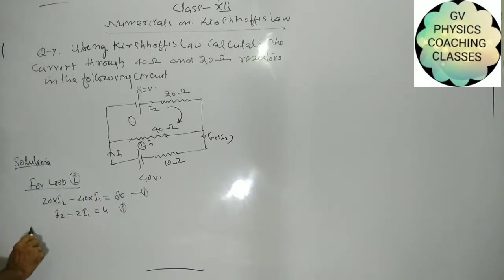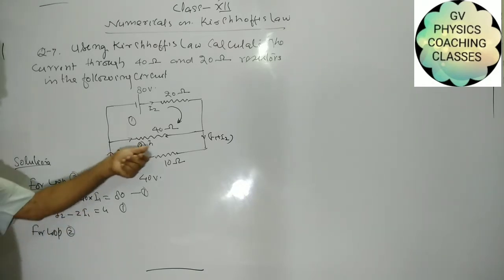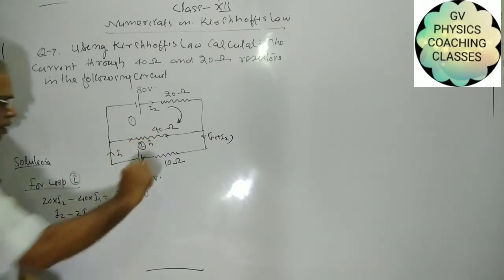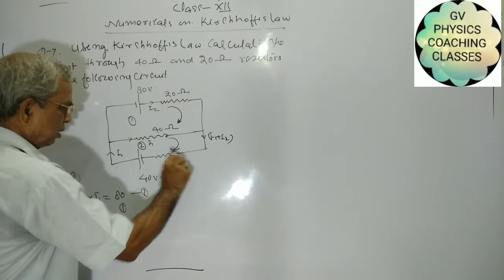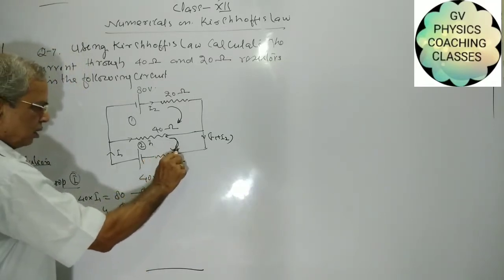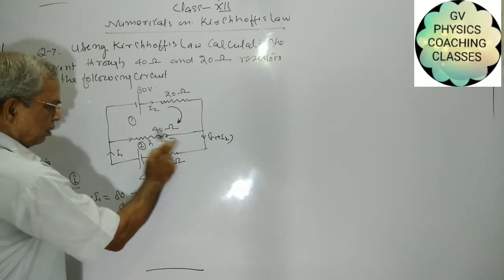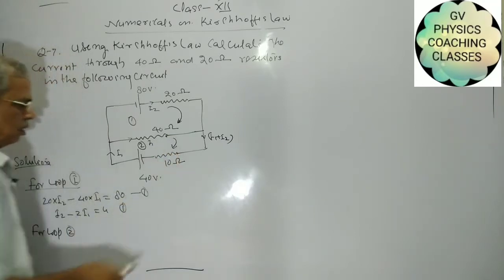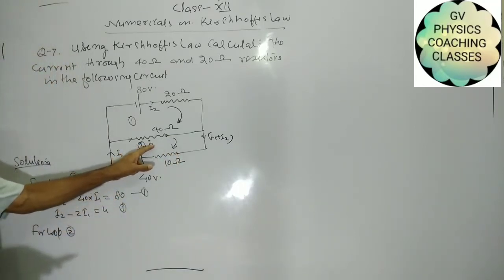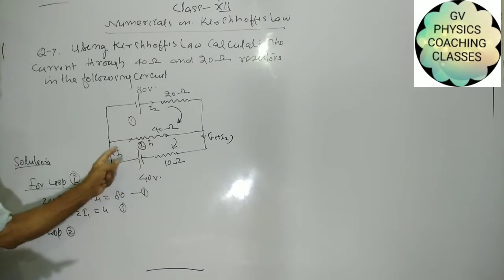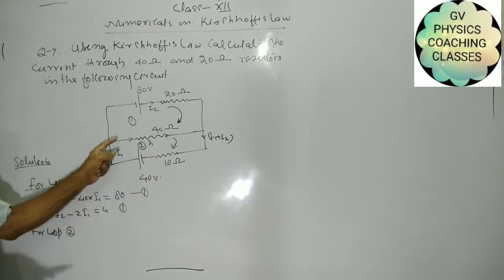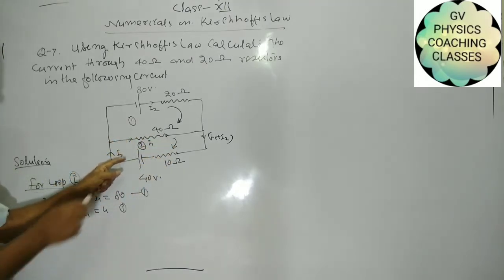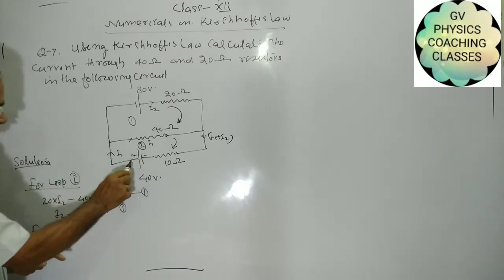For loop second, I1 and 40. This is in the same direction. This is positive, this is negative.